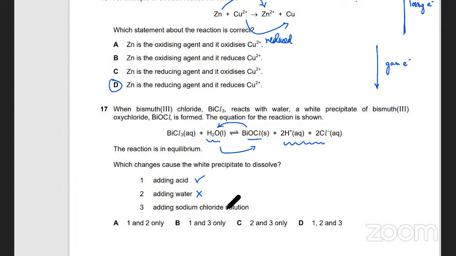Or adding NaCl, what will that do? NaCl कुछ करेगा? NaCl is not doing anything over here. इस पूरी चीज में there is no NaCl, right? तो इसका मतलब NaCl तो कुछ भी नहीं करेगा. नहीं, NaCl कुछ कर सकता है. Like, what ions are produced when you add NaCl? NaCl में कौन सा ions होता है?